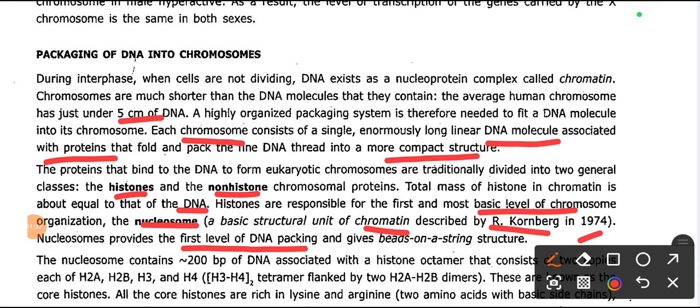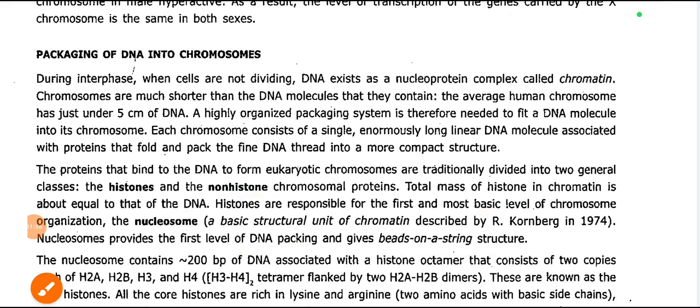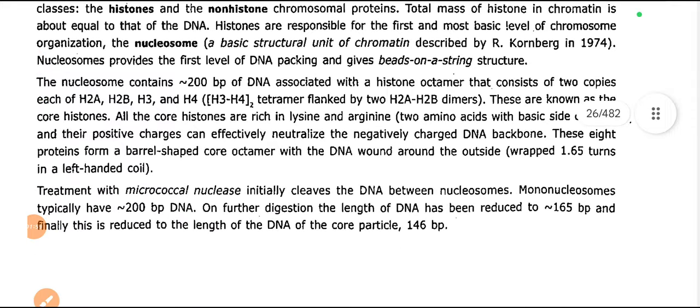When DNA attaches with the histone protein, it forms a nucleosome, which is the first level of DNA packaging, and gives beads on a string, like a thread with beads. This first level of organization is known as the beads on a string structure.